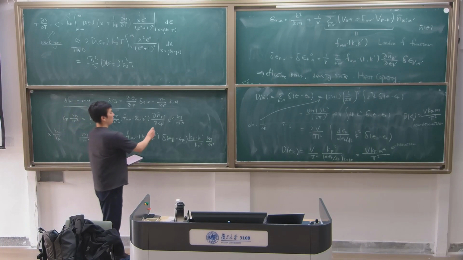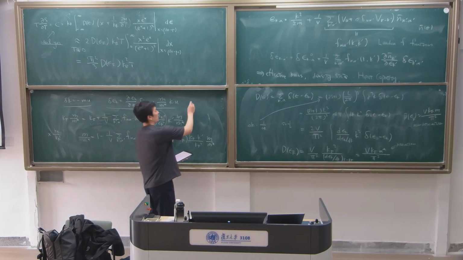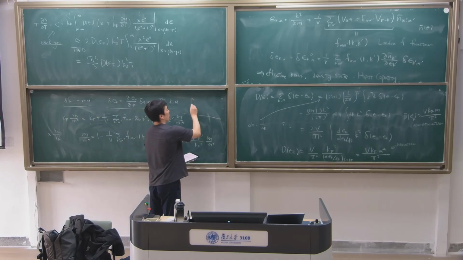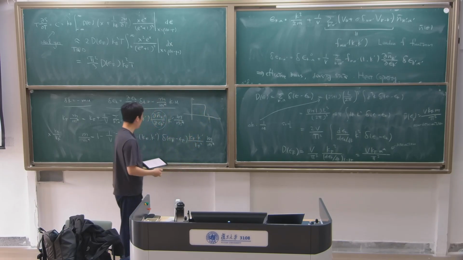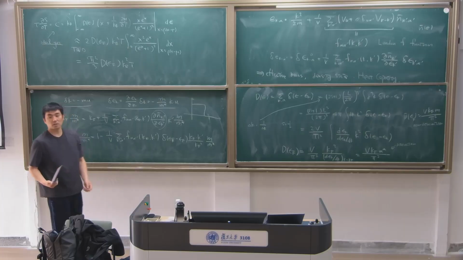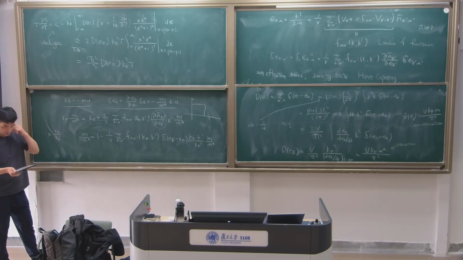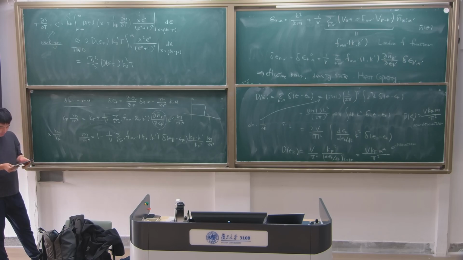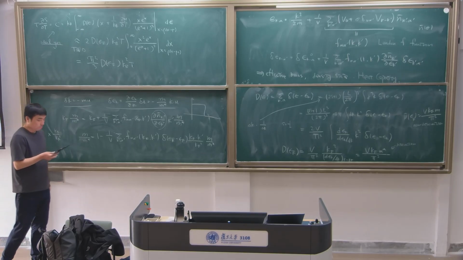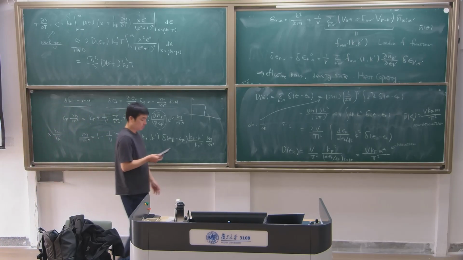So recall, this one is essentially we have the function. And if you take a derivative, you get a minus delta. Okay. So now we'll do the same massage as before.